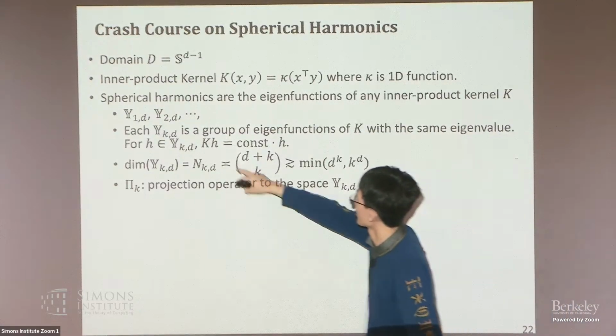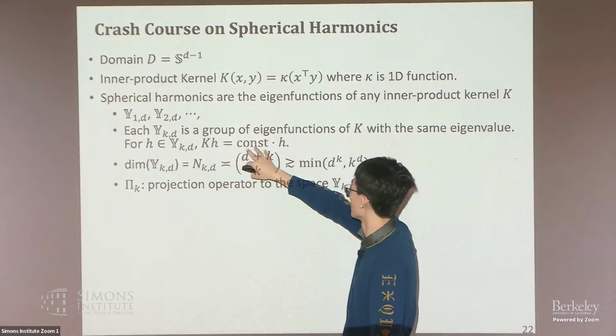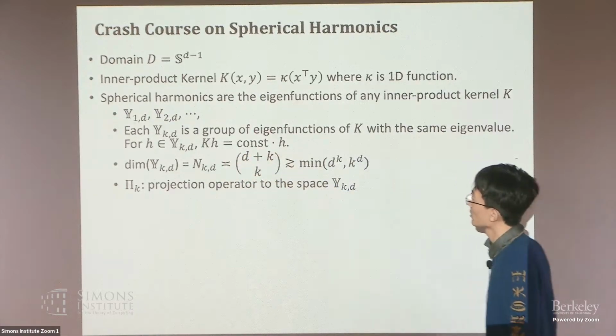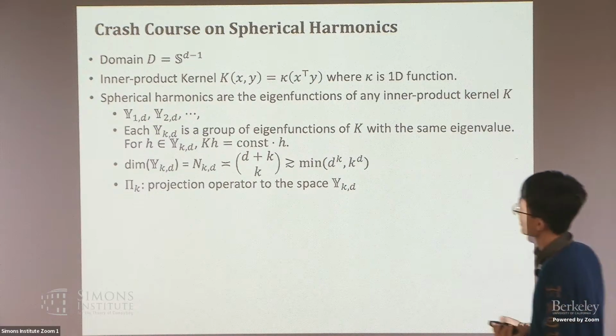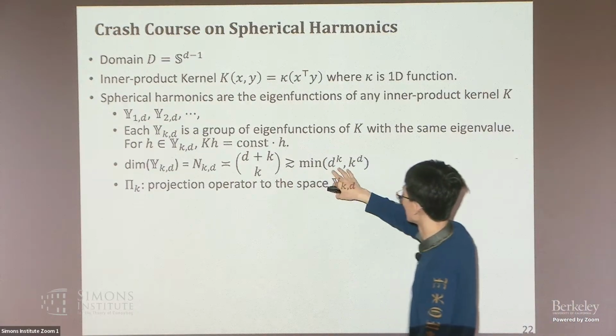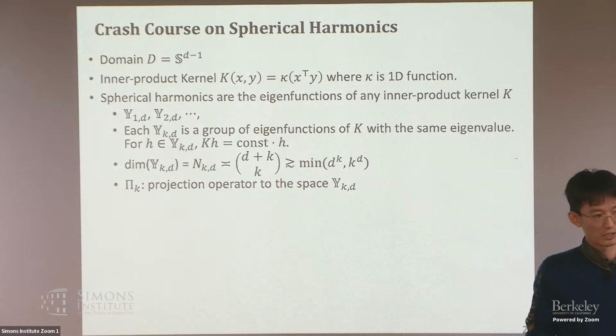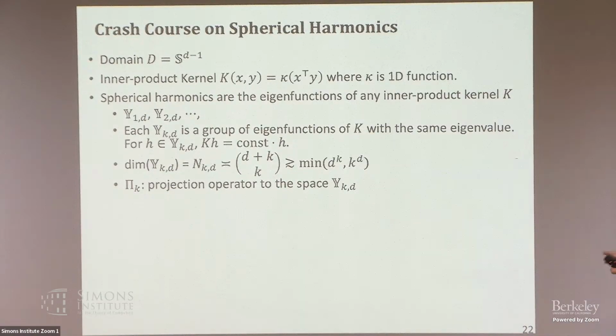So basically, the kernel applied on h is just a constant times h for all the functions h in each of these groups, and the dimension of each of these spaces is N(k,d), which is something like d to the k or k to the d, whichever is bigger. All of these are well known in spherical harmonics.